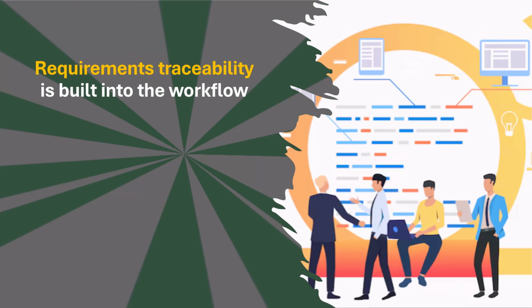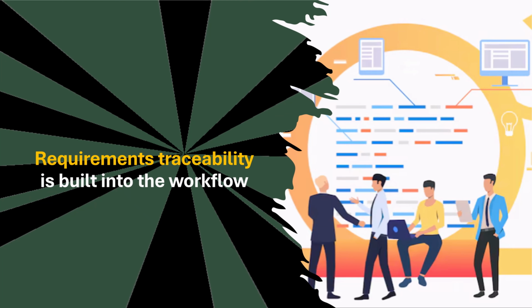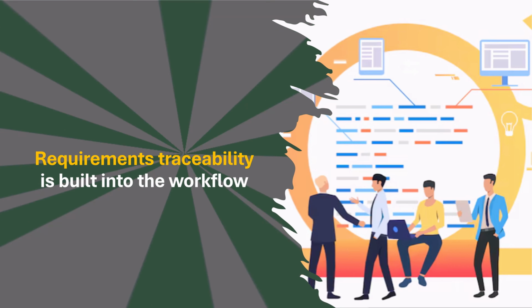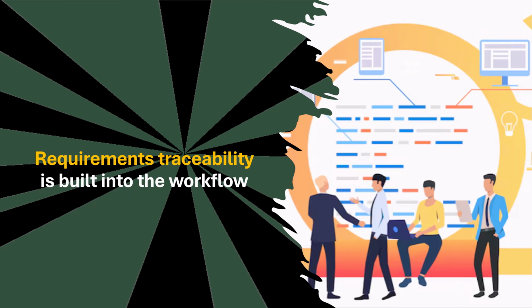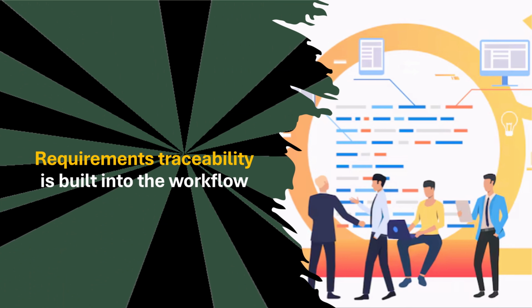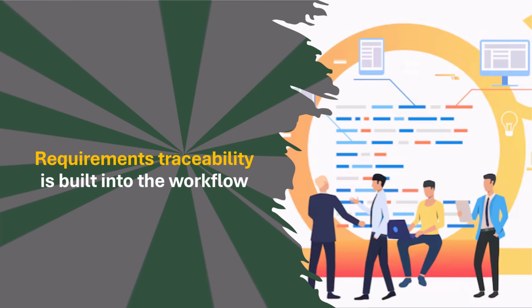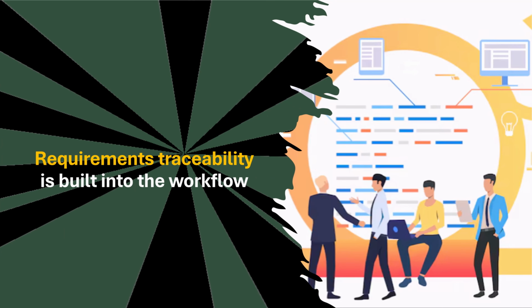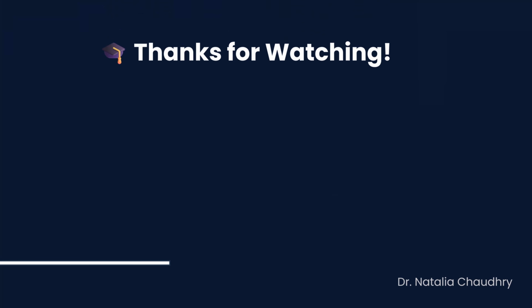Requirement traceability is built into the workflow. Every requirement is linked to stories, each story is connected to testable subtasks, and any issues are tracked with the help of bugs. This approach provides complete end-to-end visibility, making it very easy to demonstrate the coverage and the quality at any stage of development. We have gone through the complete walkthrough of Jira.